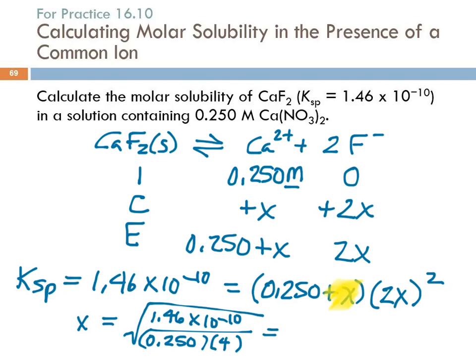Because that 2 got squared. I'm coming up with x, no, that is x. X equals 1.21 times 10 to the minus 5.